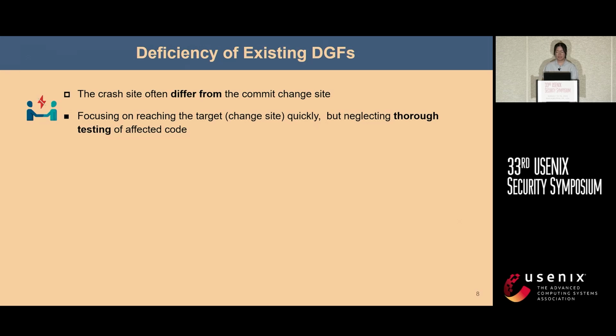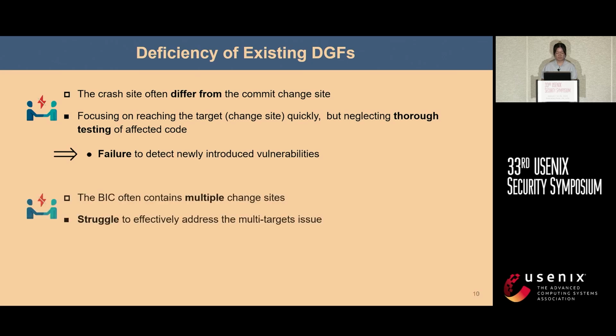First, in commit testing, the targets of fuzzers are often set as the commit change site, while a single modification in the commit can significantly affect the entire program. The introduced bug can crash at a different site than the change site. However, existing works mainly focus on reaching the target as quickly as possible, but they neglect to thoroughly test the commit-affected code. So they may overlook some new bugs.